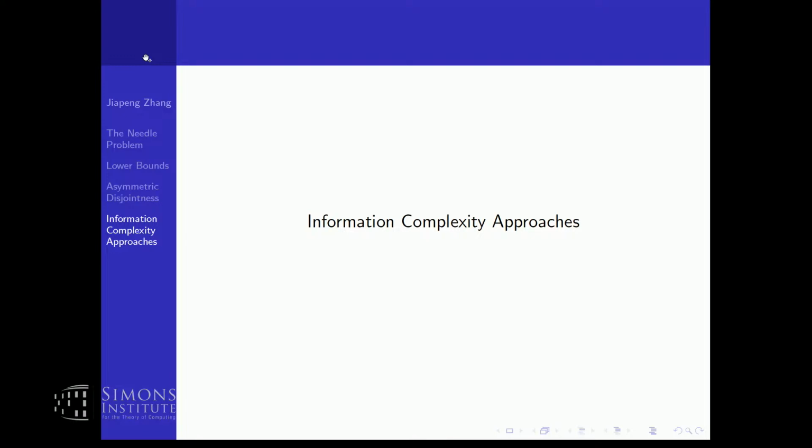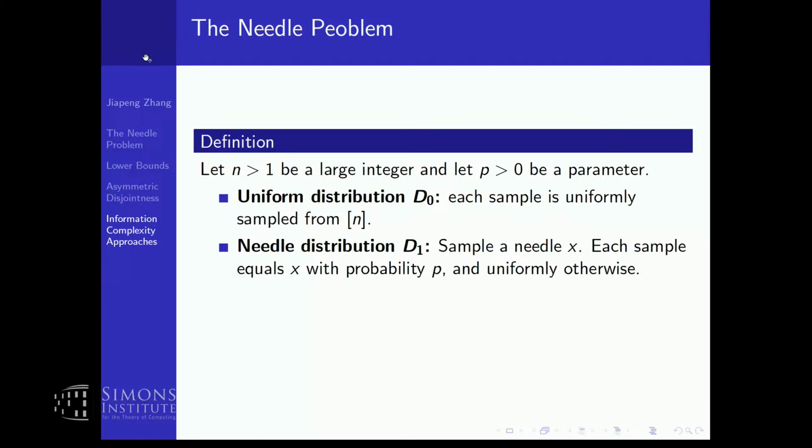I call it a white box reduction. One of the nice proofs of the unique disjointness lower bound is based on information complexity. But now we are not going to use the communication problem to do the reduction; we are going to adapt the information complexity notion directly. So we use information complexity to prove the lower bound directly without using the reduction from disjointness. This gives a tight bound.